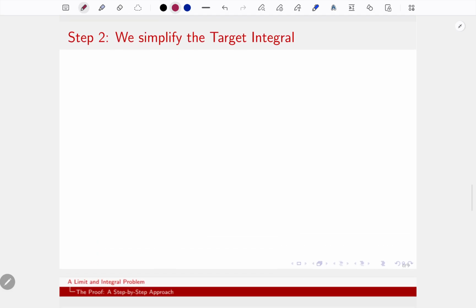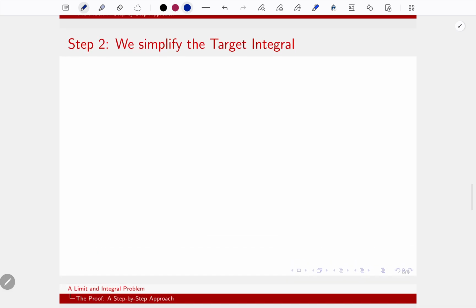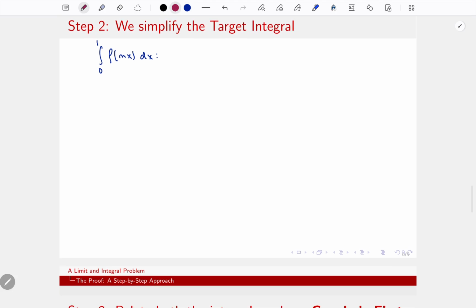Now we simplify the target integral. The target integral is the integral from 0 to 1 of f of nx dx. We will again use the method of substitution. Let nx be equal to y. That means n dx is equal to dy, and as x equals 0, y is equal to 0, and as x equals 1, y is equal to n. So this integral becomes 1 upon n times the integral from 0 to n of f of y dy.